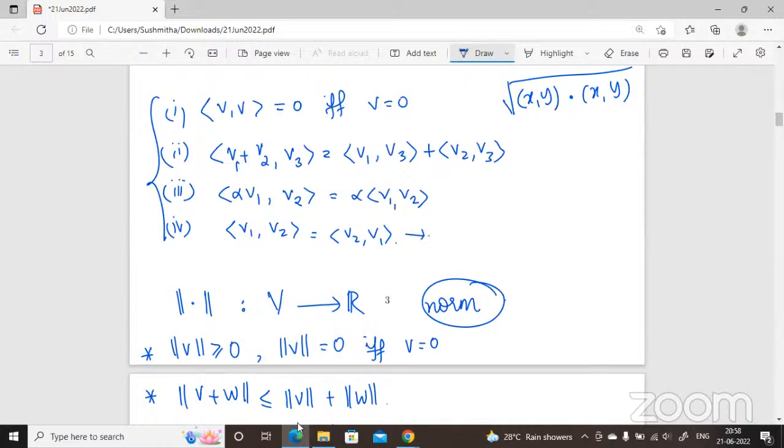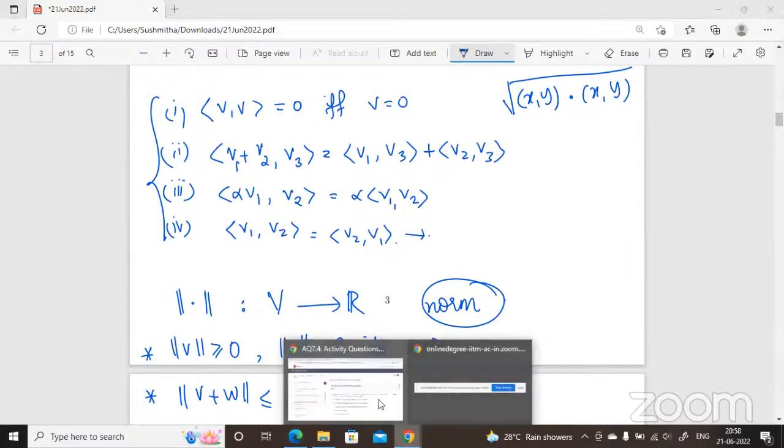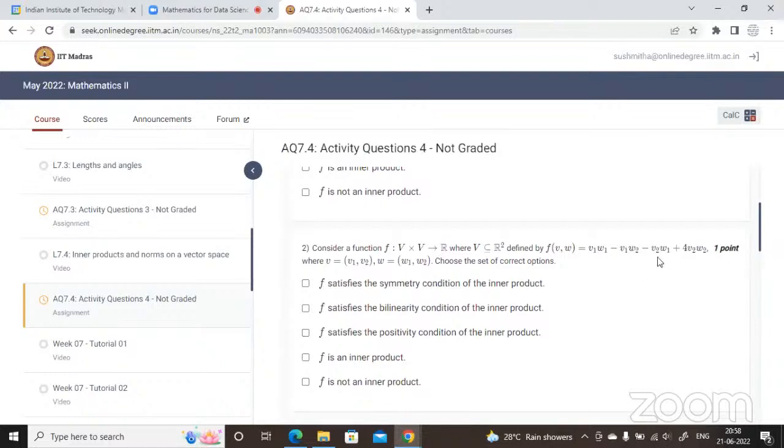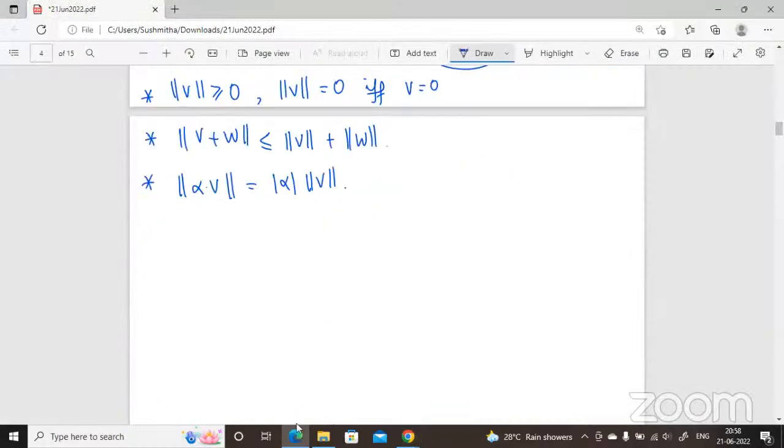What does this symmetry condition say? Let's take an example. Suppose I have a function UV is U1 V1 plus U1 V2.